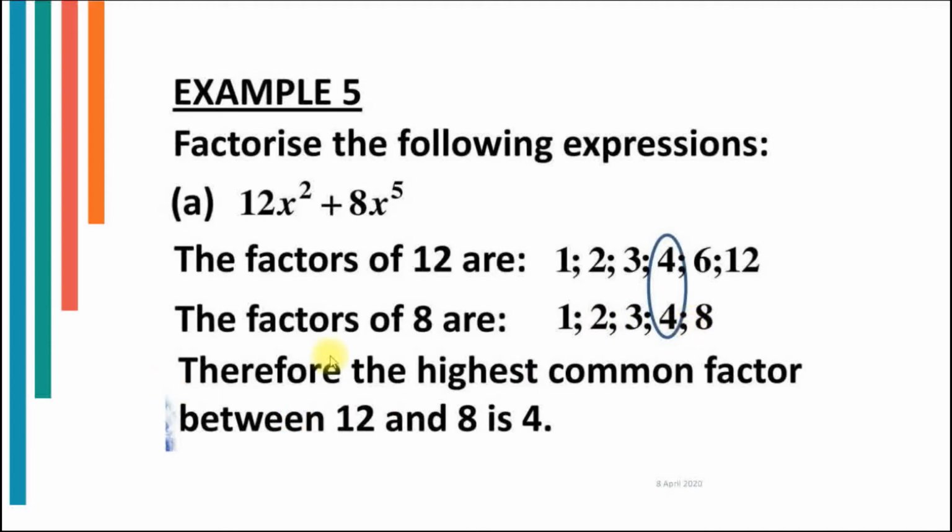So the highest common factor between 12 and 8 is 4. You can do this, but now in grade 10, you shouldn't actually be doing this. You should be able to get the highest common factor in your head for something that's easy like this. So our highest common factor between 12 and 8 is 4.